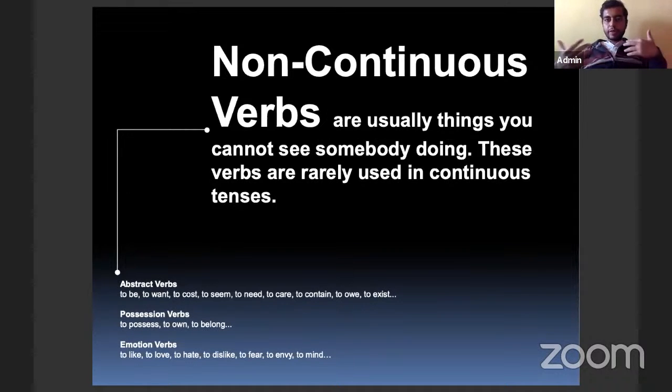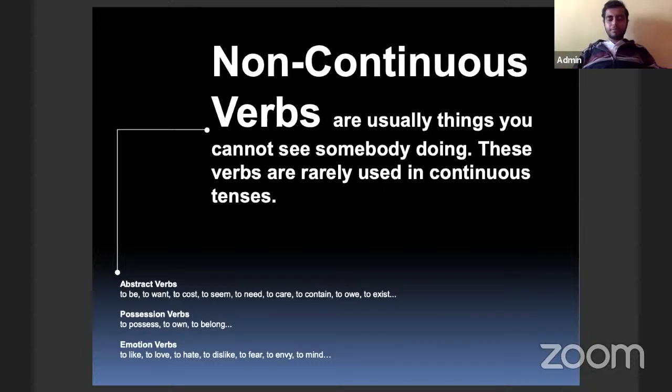Otherwise, like we were talking about, was yelling, were waiting. You can see that people are waiting, talking, yelling. But you cannot see that people are owning, possessing, costing, needing, caring. You cannot see that, which is why you don't use continuous tenses.